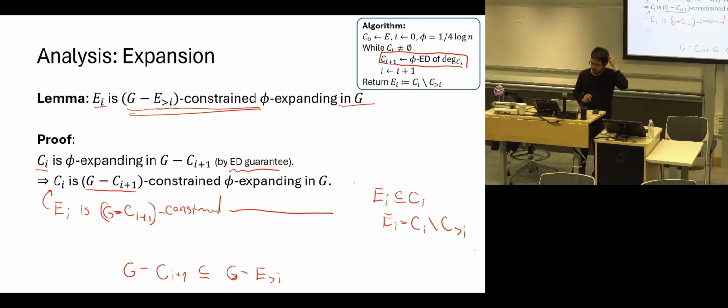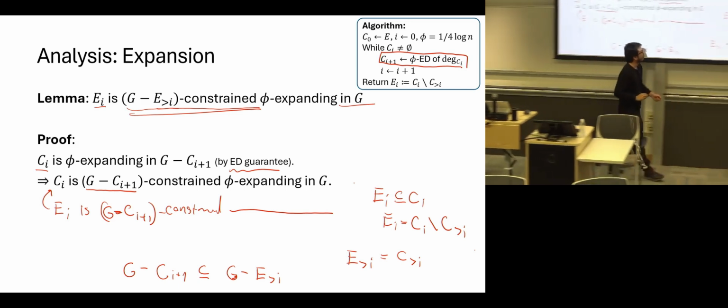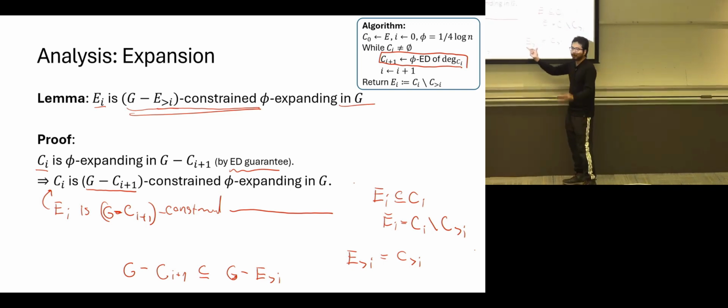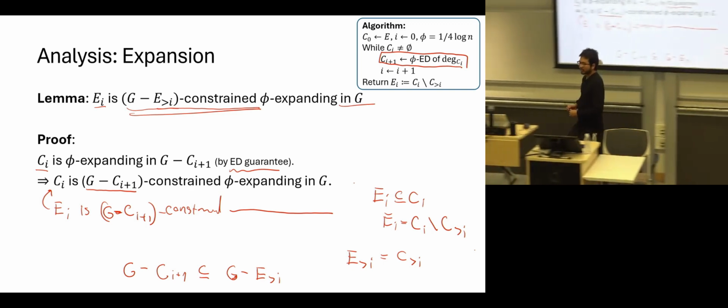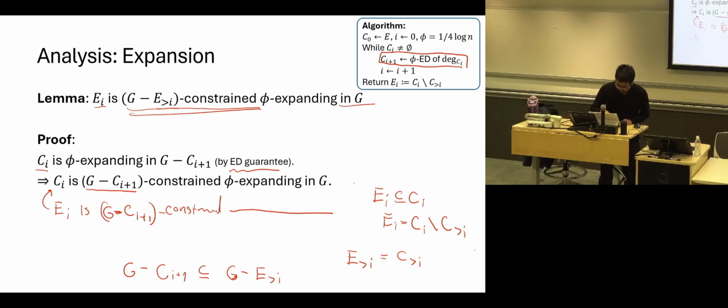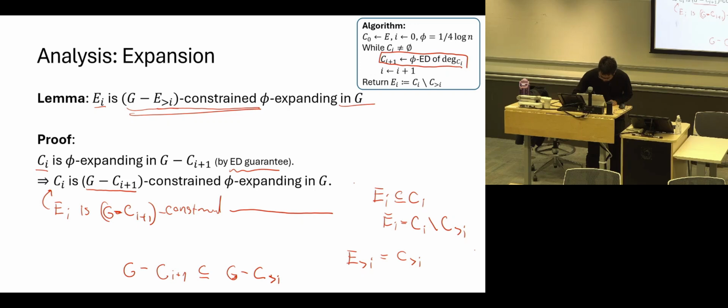Why? Well, E more than i is the same as C more than i, right? These are all edges that are promoted to level more than i. The same thing here. So this is clearly a subgraph of this thing, which is the same as E more than i.